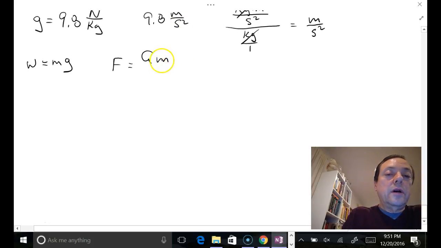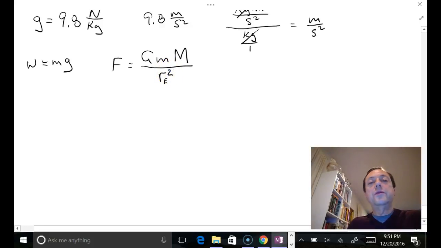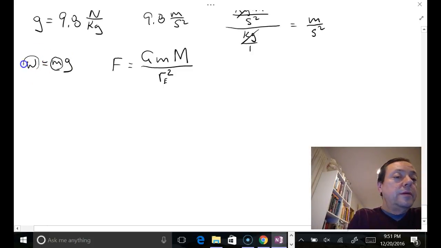And I'm going to say little m and capital M over RE, which is going to be radius of the Earth. So if this is a mass at the Earth's surface, given the acceleration due to gravity on the Earth's surface, this will be little m's weight.